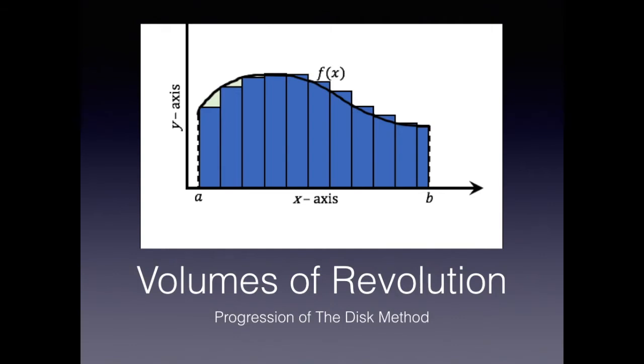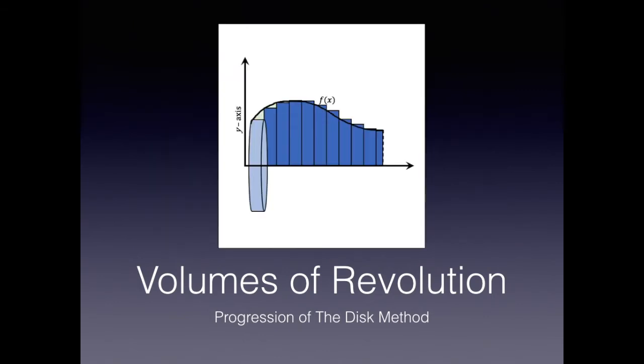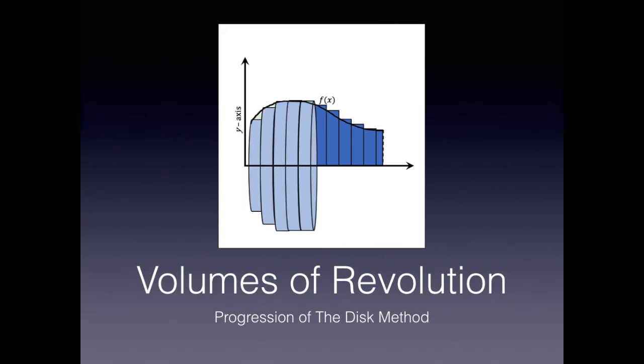Now, remember when we started this lesson, we said, what if we revolve that rectangle about its edge? So here, the first rectangle is revolved around the x-axis, then the second, then the third, and so on. And if we keep revolving these rectangles, we get these disks that approximate the volume. And then we say, well, what if we made each of these disks skinnier like we did with the rectangles?